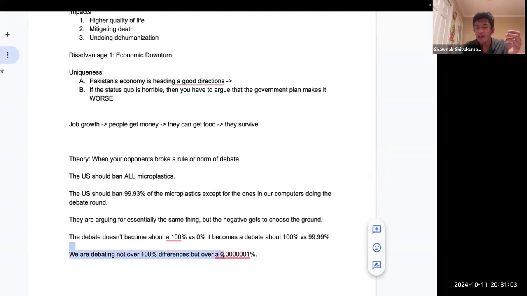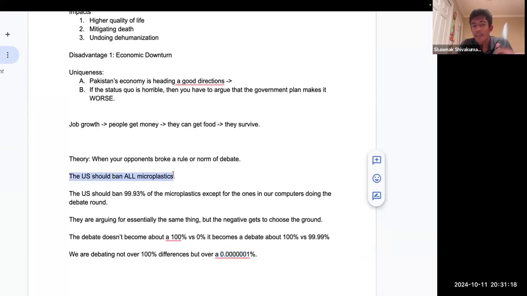Why is this bad? Well, this limits the amount of education we can get from this round. If we're talking about whether we should ban this scissor or not, that's irrelevant. We were supposed to talk about banning microplastics and not banning microplastics.